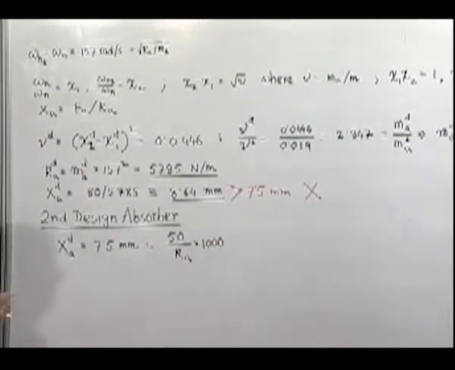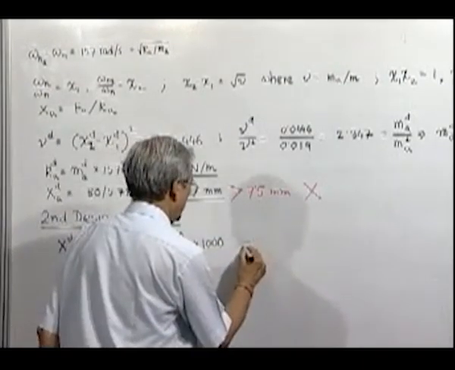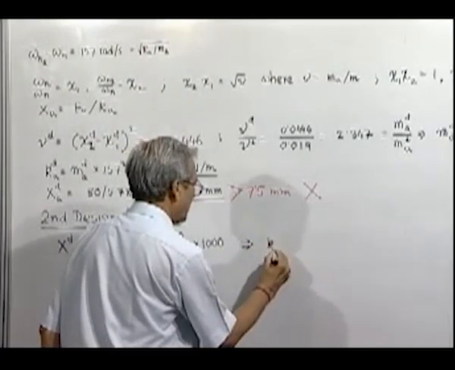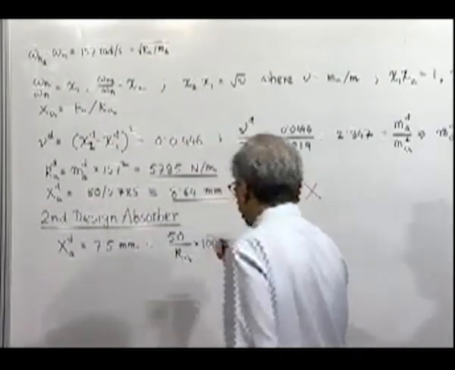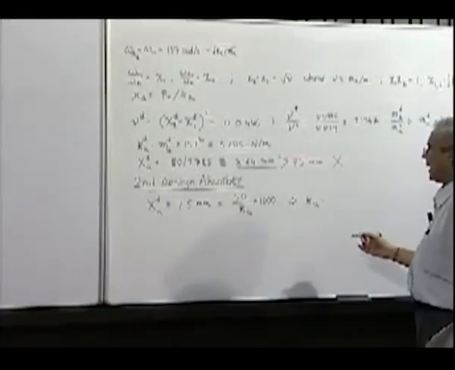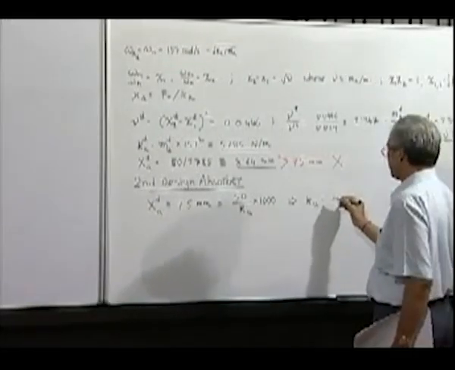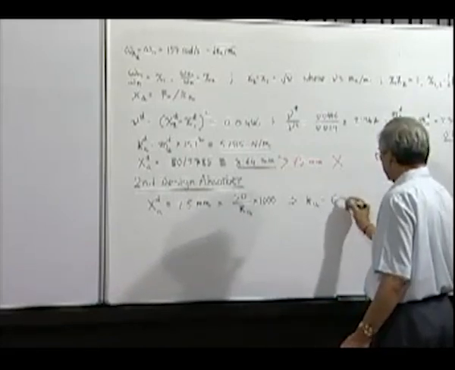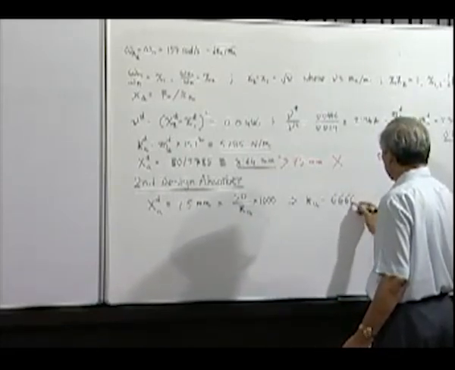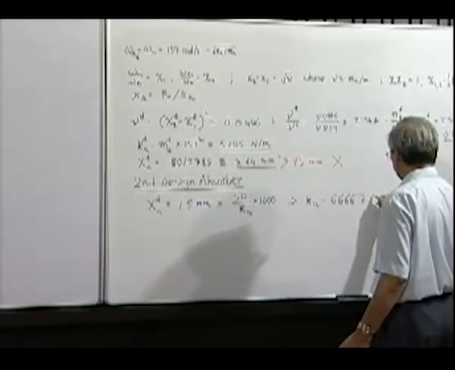So, this will give us the value of the stiffness of the absorber spring, the final design which we are trying, and this will become something like 6,666.7 Newton.